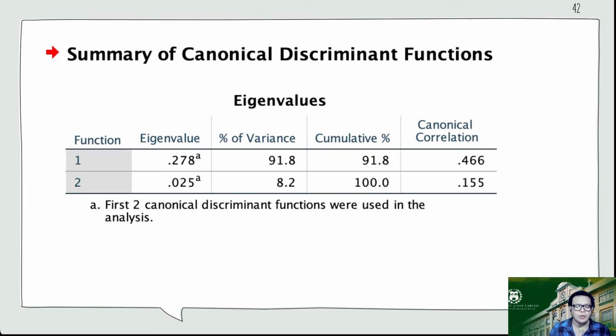We're going to do it in the Excel file because whatever is run in SPSS, you need to extract the values and compute them manually with the use of Excel. The summary of canonical discriminant functions can be used to find the potency value and of course the potency index. Those are very important things that we are considering.